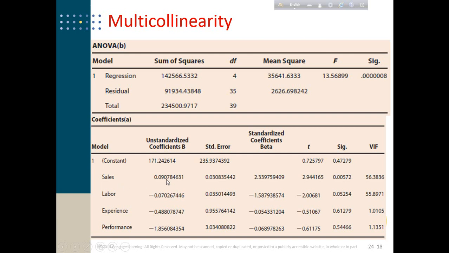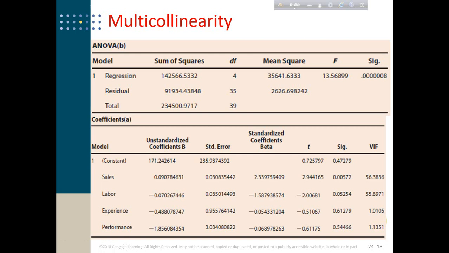And you can see that there's a positive coefficient for sales, lever and experience have negative coefficients, and performance also has a negative coefficient. And these are the T statistics. These are the P values, so we can see that sales is a significant variable because its P value is less than the significance level. However, other variables are not.